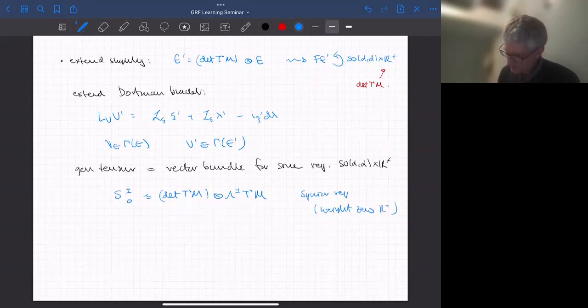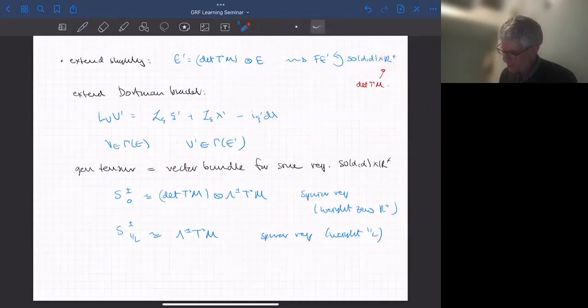Or I could take them to have some weight -1/2, and then this determinant factor goes, and these are just isomorphic to odd or even forms. So it's the spinor rep with weight -1/2. In one sense, the reason I introduced this weight is a way of defining something which is naturally just odd or even forms. It's also going to be the way we incorporate the dilaton.